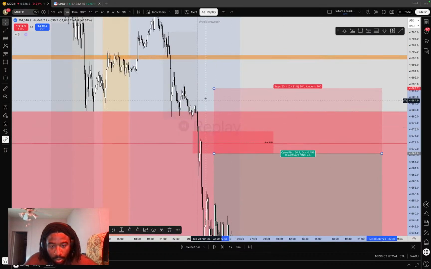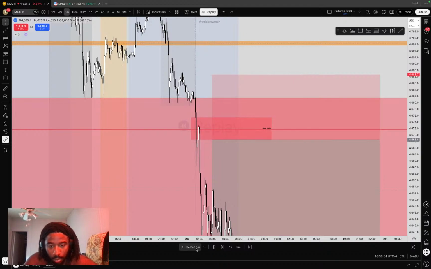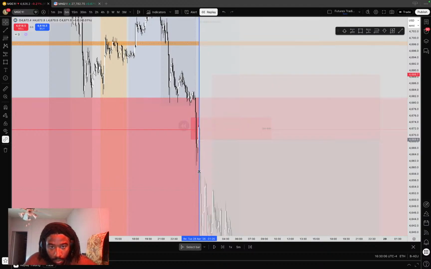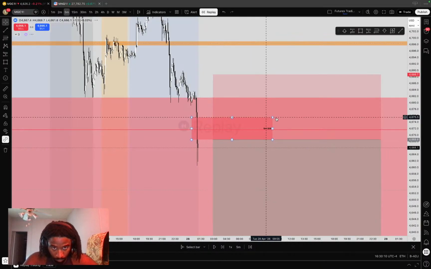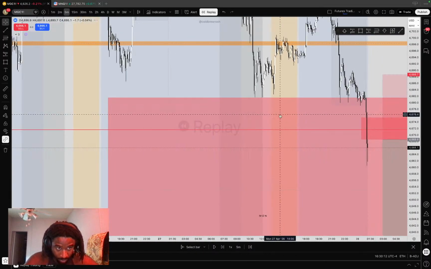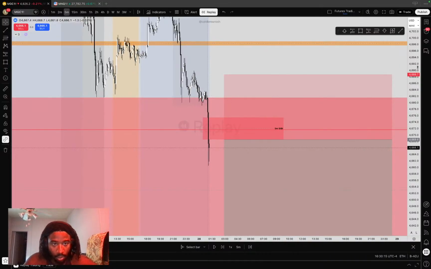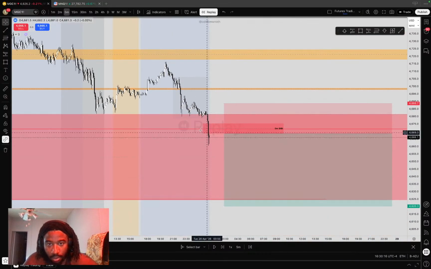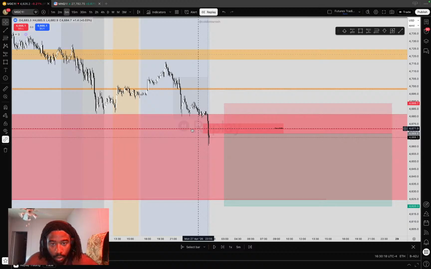very precisely. Let me select the bar. So we formed this 5-minute SIBI here at the previous week's low, labeled by the red line. As soon as we did that, we got that SIBI.